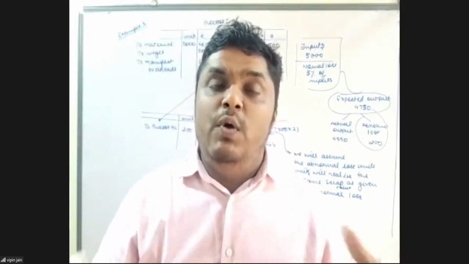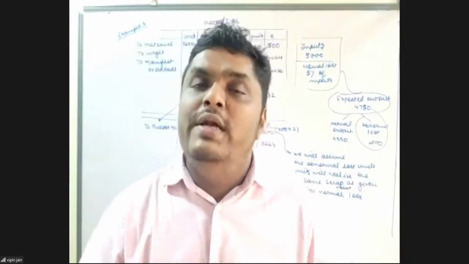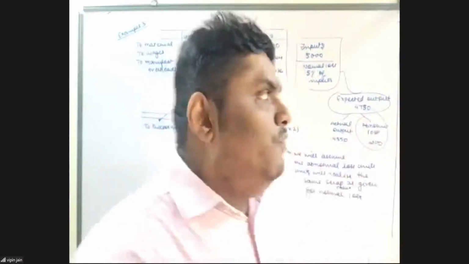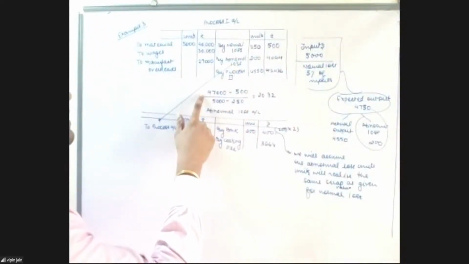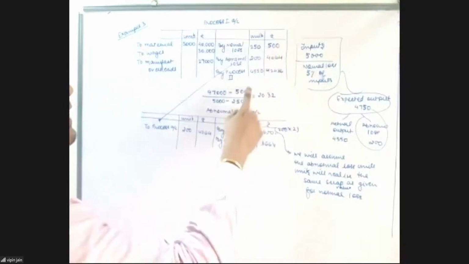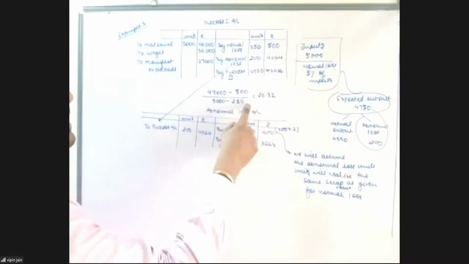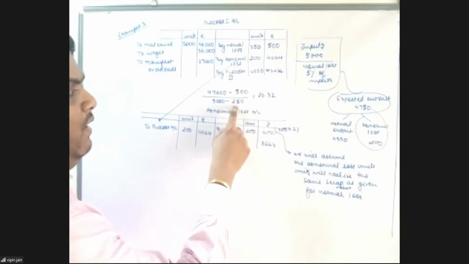Now the question is how to calculate the value of abnormal loss and good units. The value for both will be the same. So very simple, guys. The basic formula, that is the process cost 97,000 minus the scrap value realized on sale of normal loss, that is 500, divided by my expected output, that is input minus normal loss.